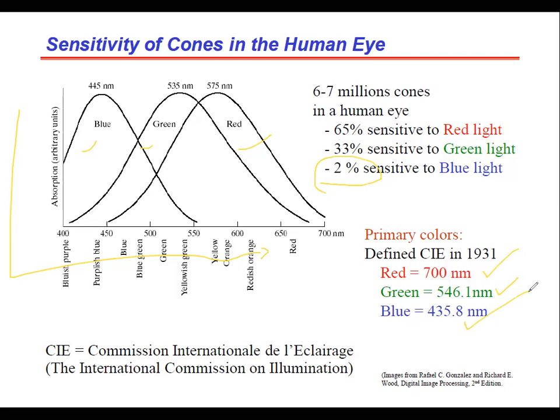That means if you have an LED that emits light with a wavelength of 435 nm, it will give an impression of blue color, whereas if it emits a wavelength of 700 nm, it will give an impression of red color. I may be wrong, I'm just telling you tentatively.